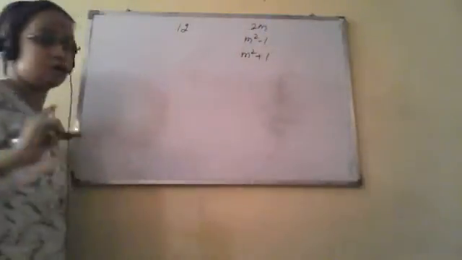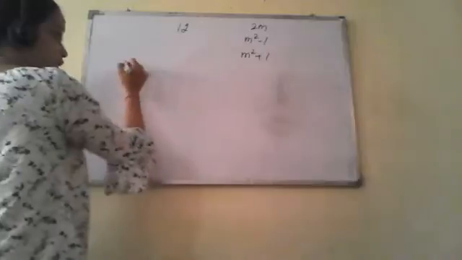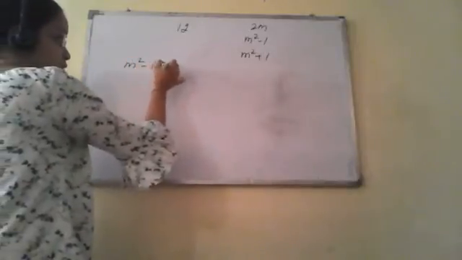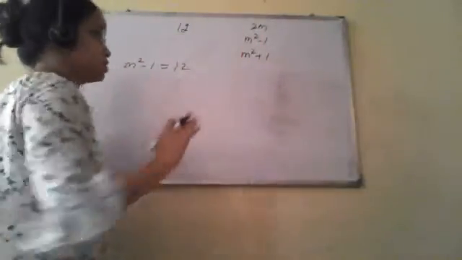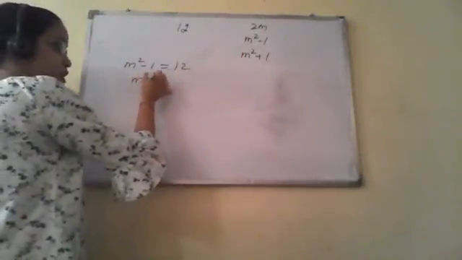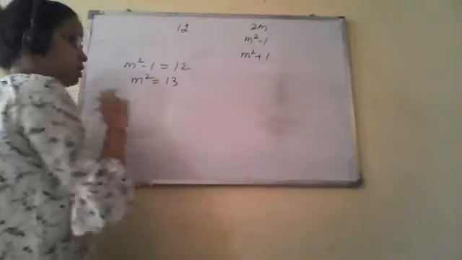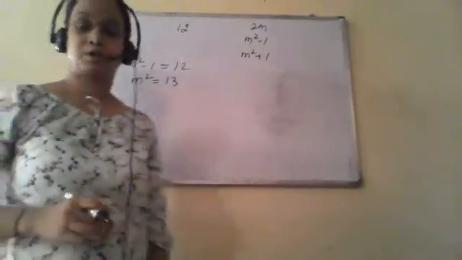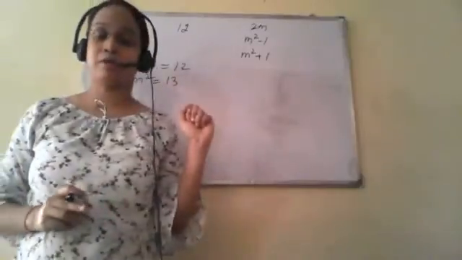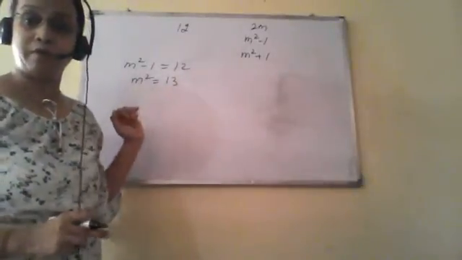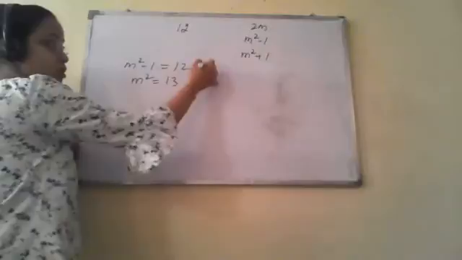So we can start with any number. Suppose we are taking m square minus 1. The value of either of these three is given. So m square will become 12 plus 1, 13, and 13 is not a perfect square. Okay, so the value of m cannot be a perfect square root. So this we will not consider.